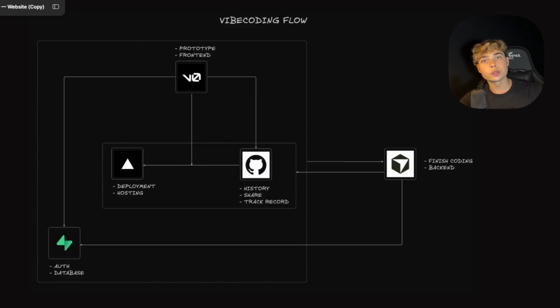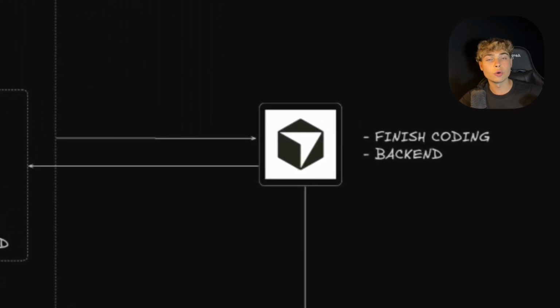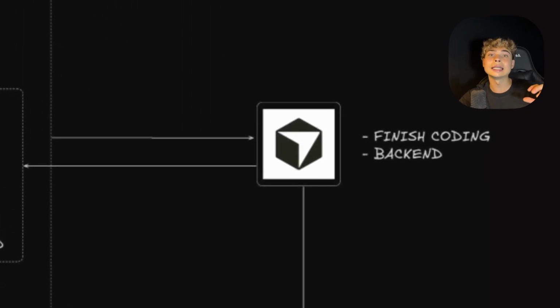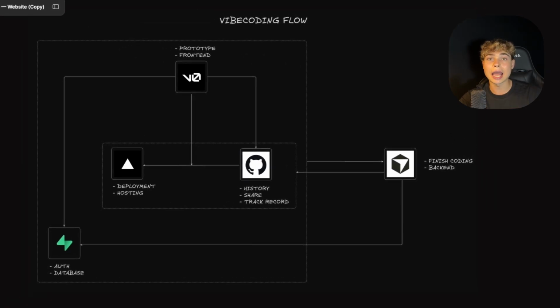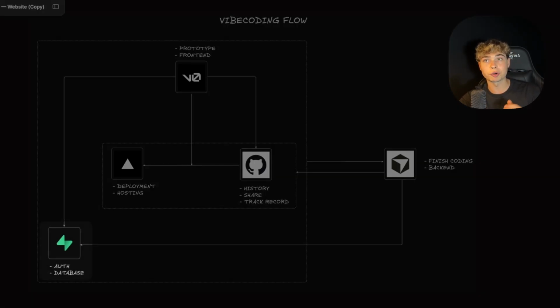In the past, I usually preferred to start coding on Cursor and then add a database at the end. Right now, I have to be honest and say that I'm using the Supabase integration from V0 to get my database working. It's usually a bit simpler than going to Cursor and finishing everything. Again, you are the one deciding the flow that you are taking.